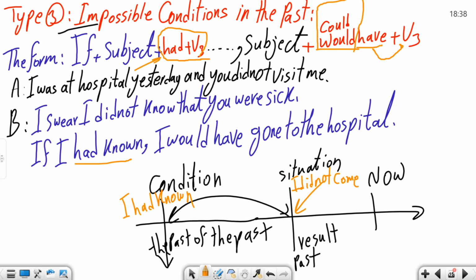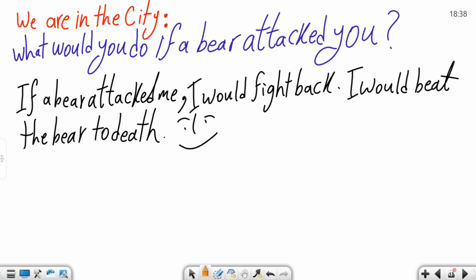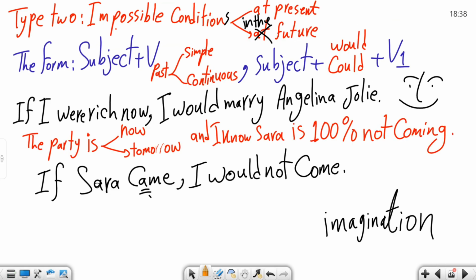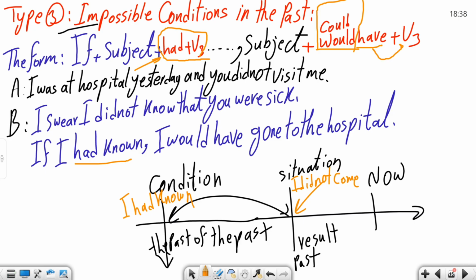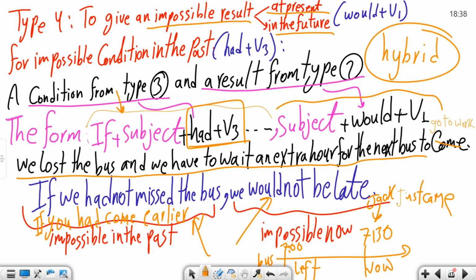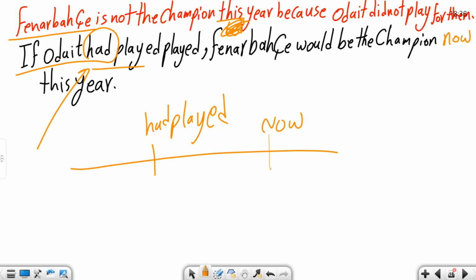And as long as the result is impossible at present or in the future, we use the main clause from type 2. We say, if Udayd had played with Fenerbahçe this season, for example, Fenerbahçe would be the champion now.